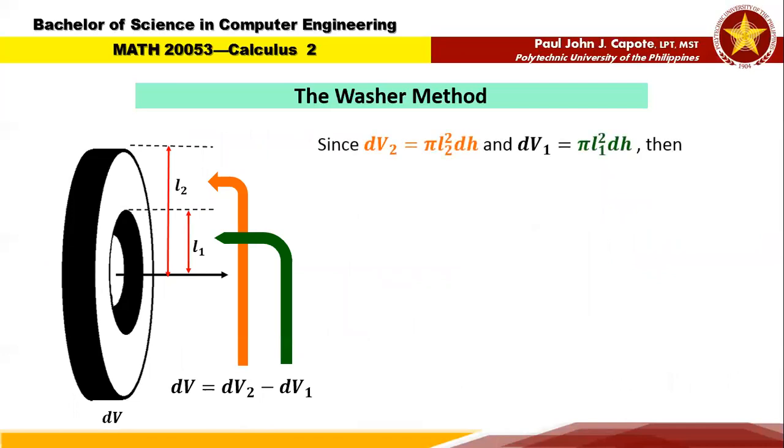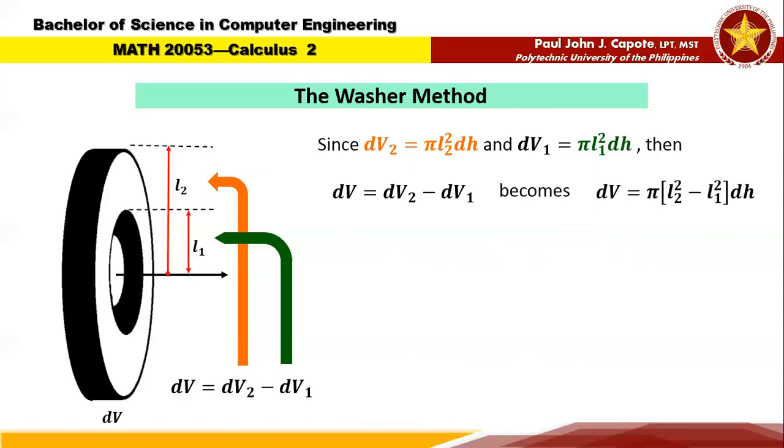Since the volume of the bigger cylinder is equal to pi L sub 2 square dH, and the volume of the smaller cylinder is equal to pi L sub 1 square dH, then dV, which is equal to dV sub 2 minus dV sub 1, or the volume of the washer, is equal to the volume of the bigger cylinder minus the volume of the smaller cylinder.